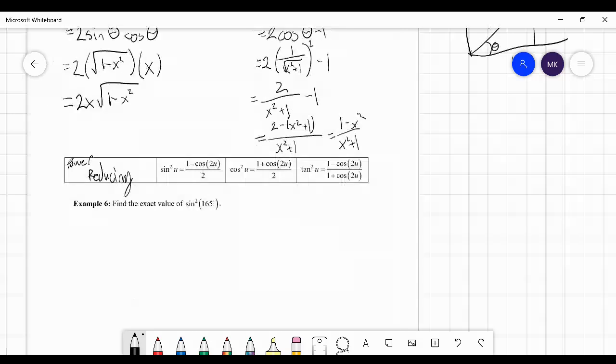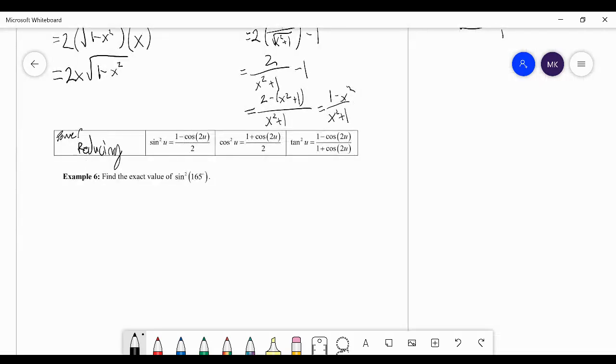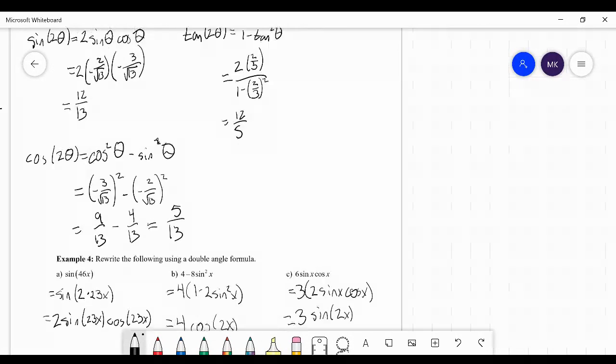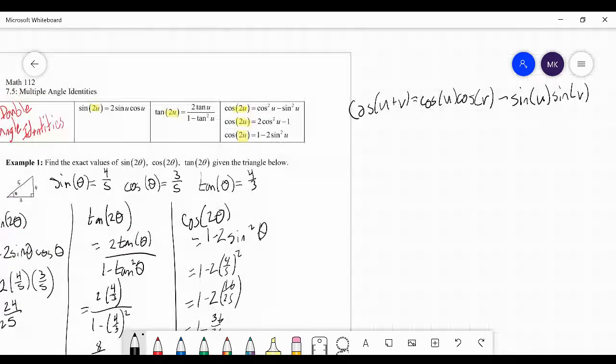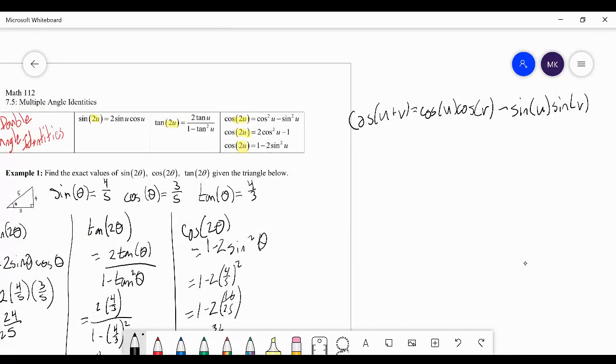I don't really want to dive too much into this. What this really builds off of is the cosine identities. So if you think about the cosine identities, let's go all the way back up. Cosine of 2u equals 1 minus 2 sine squared of u.